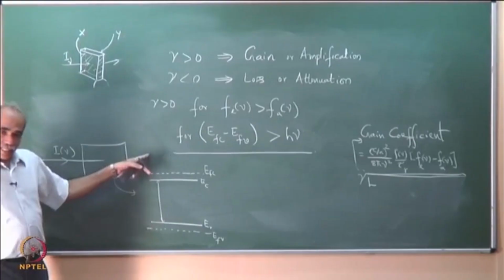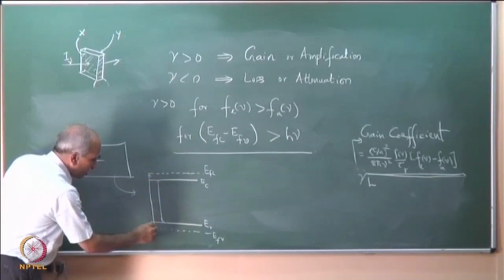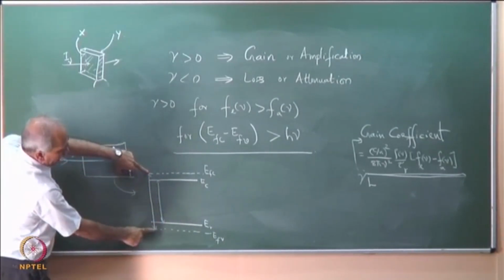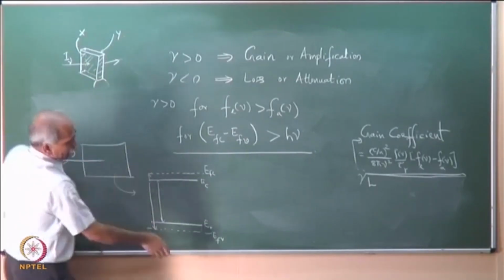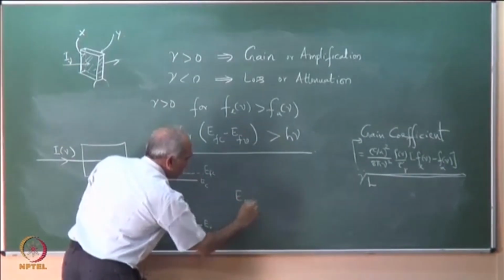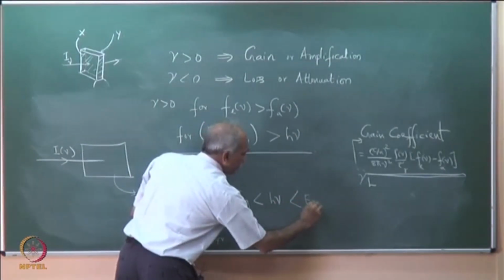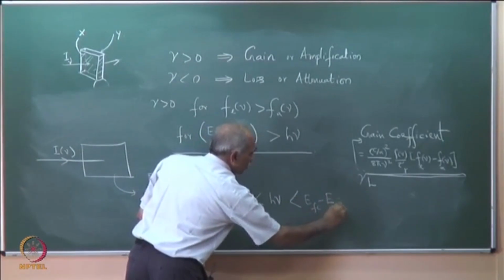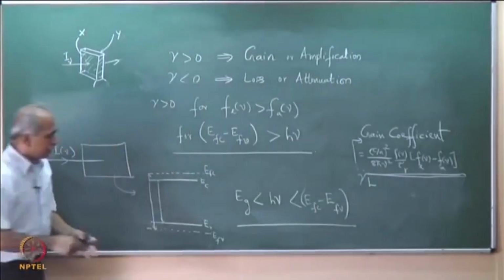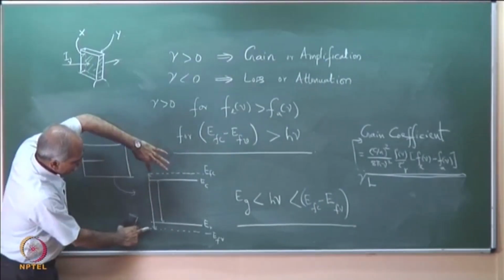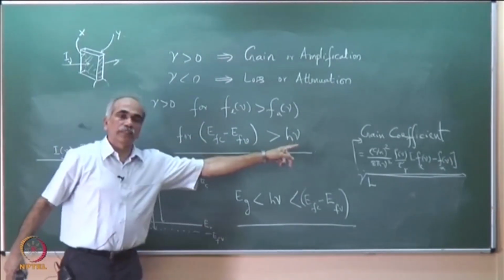For all values of h nu between this, that is from E g here. So, E g less than h nu less than E f c minus E f v, for all frequencies nu such that E g less than h nu less than E f c minus E f v, we have this condition satisfied.